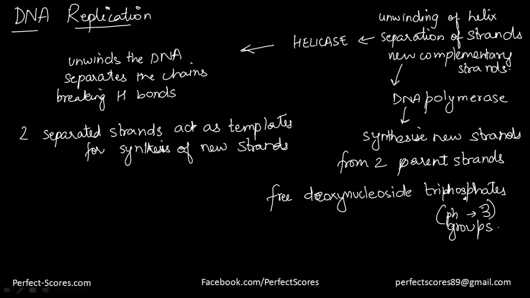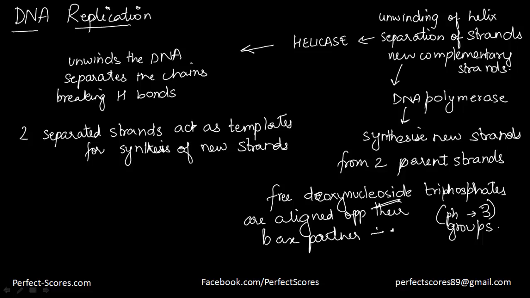So these free deoxynucleoside triphosphates, they are aligned opposite their base partner. And a covalent bond is formed. And the energy for this reaction comes from the cleavage of two extra phosphate groups.